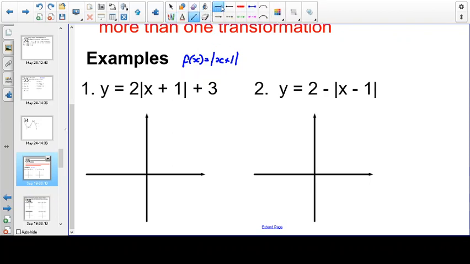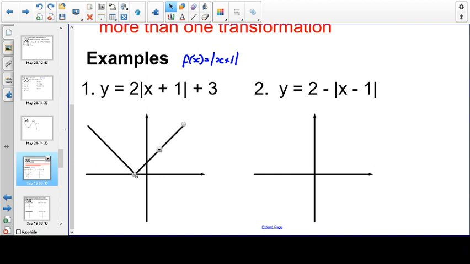So first of all, what does x plus 1 look like? X plus 1 goes down, gradient 1, through 1, like that. Okay, modulus x plus 1 goes down to the x-axis, but then the bit below the x-axis gets reflected back up in the x-axis.